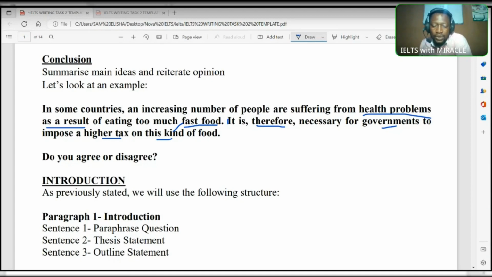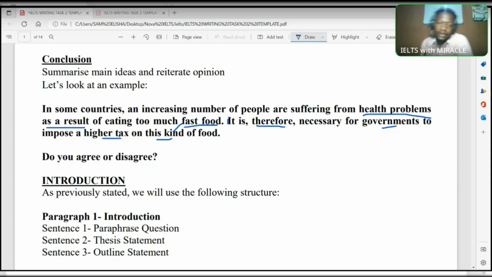So if that is applied to junk food also, it will reduce the consumption. If it can be applied to alcohol, why can't it be applied to fast food? So these two points show that I agree.